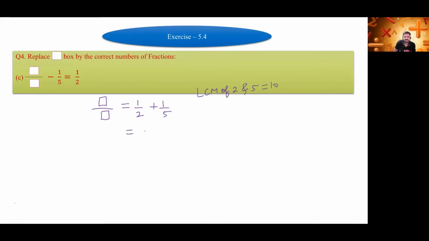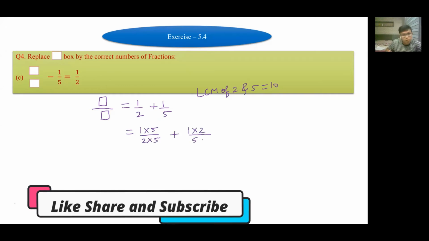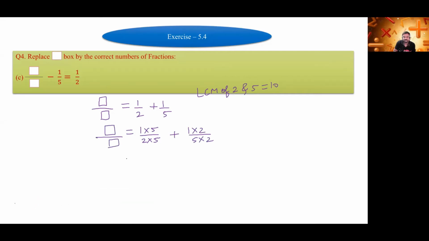Correct. Sir, then we will do 1 into 5 and 2 into 5, then 1 into 2 by 5 into 2. So 5 by 10 plus 2 by 10.